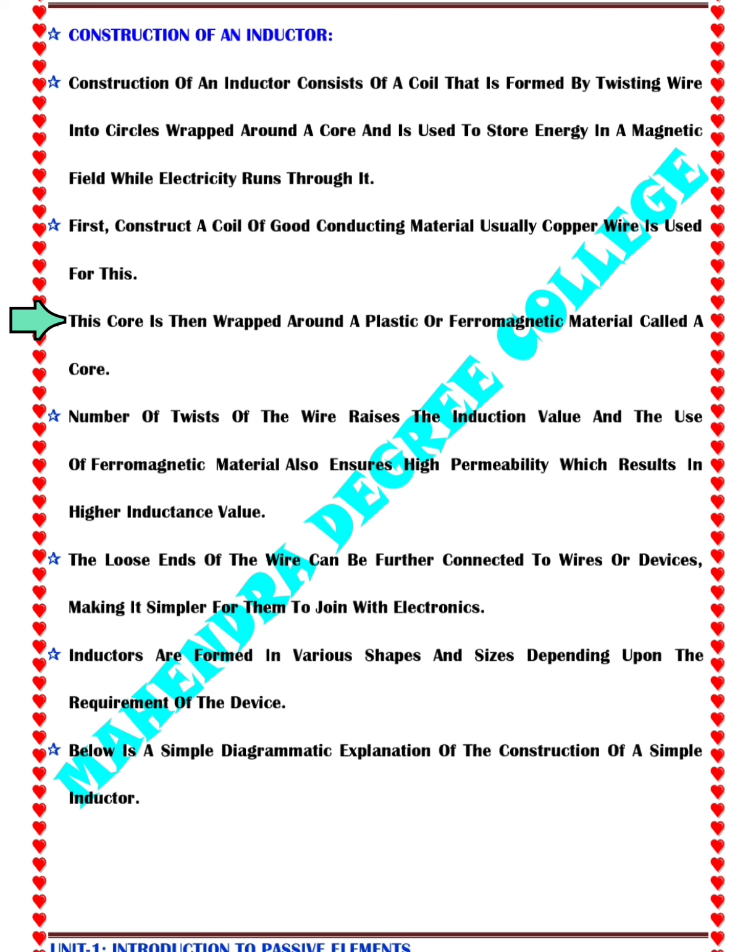The final explanation: in an inductor, the coil of wire is wound around a central core, which may be made of plastic, air, or ferromagnetic materials like iron or ferrite. The core helps shape and strengthen the magnetic field, improving the inductor's performance.